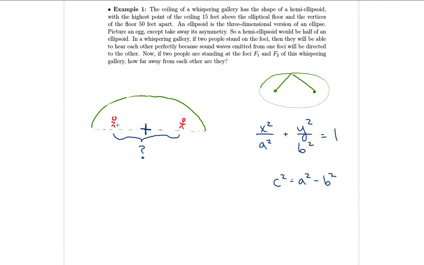And so what do we know? We know that this distance here is C, and negative C over here. Then this over here is negative A, and if we go up here, continuing the coordinate system, this is up here at B. A is the distance from the center out to the vertex, and here is where we cross the minor axis up here.